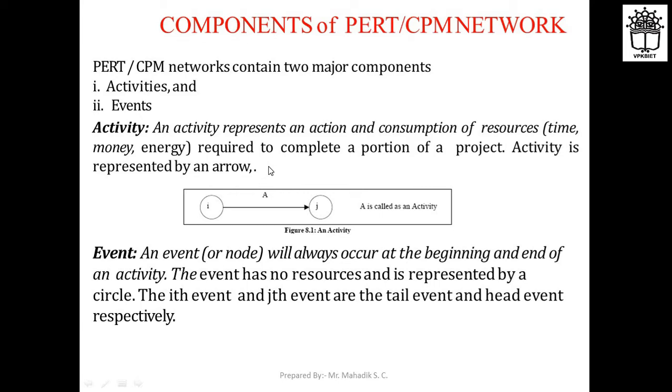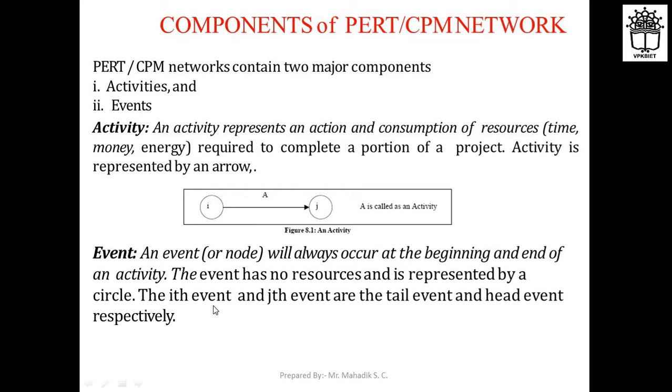You can see the arrow here, the activity is I to J, that means the events I and J are there, and the activity is performed between these events. That is activity A. Whereas an event will always occur at the beginning and end of an activity. The event has no resources and is represented by a circle only.